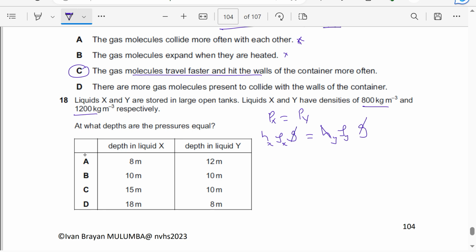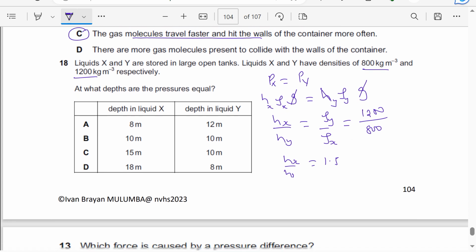So I have Hx divided by Hy should be equal to density of Y divided by density of X. This is going to be equal to 1,200 for Y divided by 800 for X. So it means Hx over Hy is equal to 1.5.